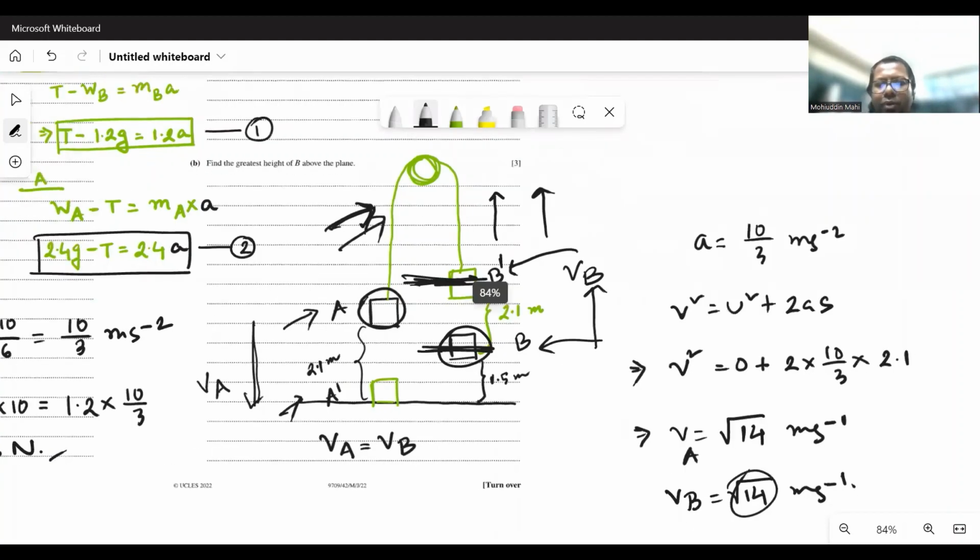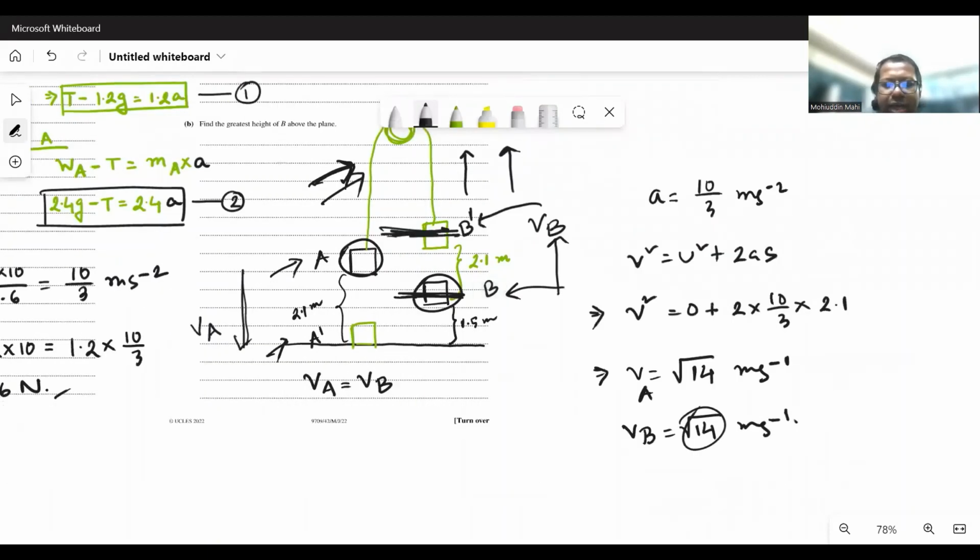Now we can apply the formula v square equals u square minus 2as. This is for object B. Why? Because the object is going to move in the opposite direction to the gravitational field strength. The gravity is acting in downward direction, but the object is moving in upward direction, so that's why the acceleration is going to be negative.